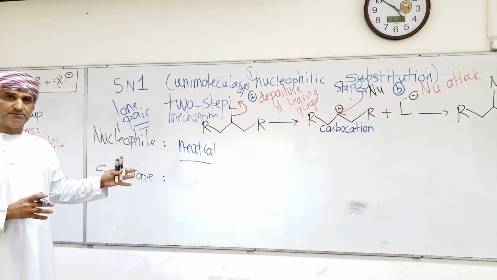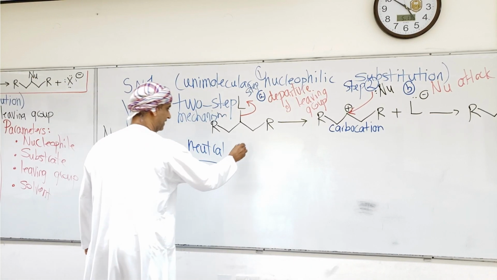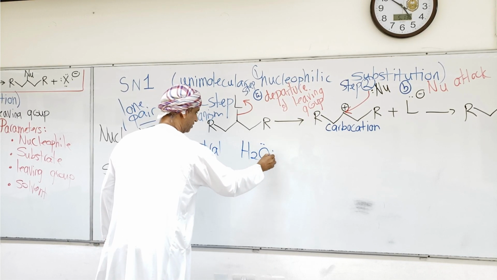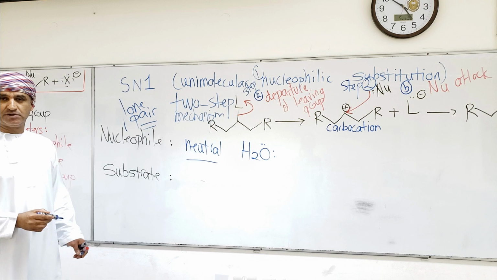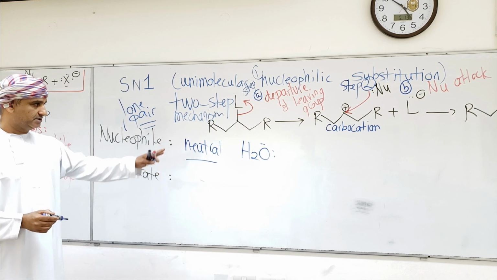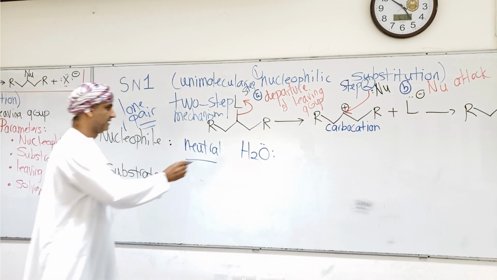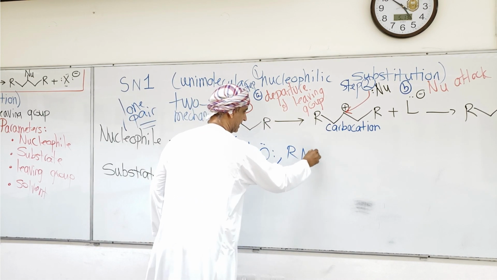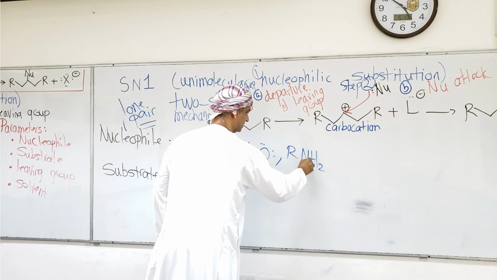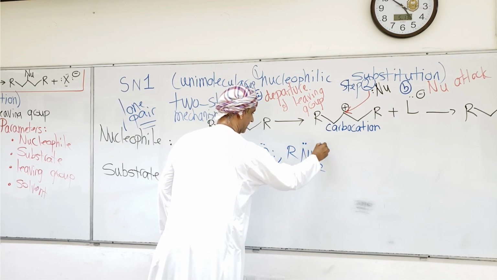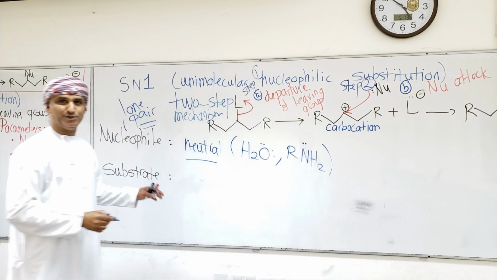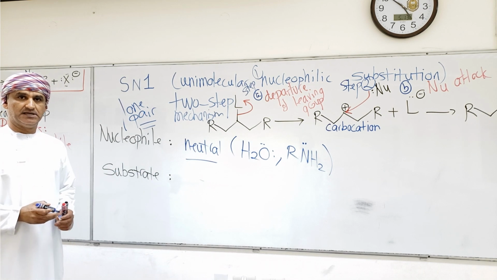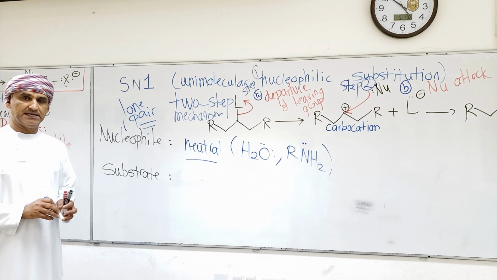Examples of neutral nucleophiles are water, which is not negatively charged, and amines in general, with nitrogen that has a lone pair. These are neutral nucleophiles which can participate in the SN1 mechanism.